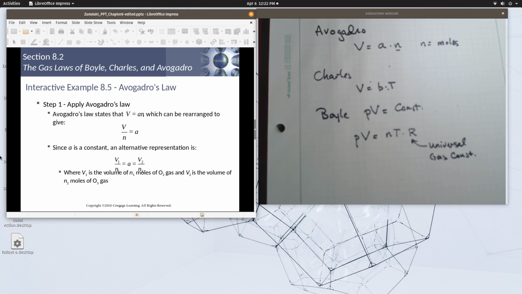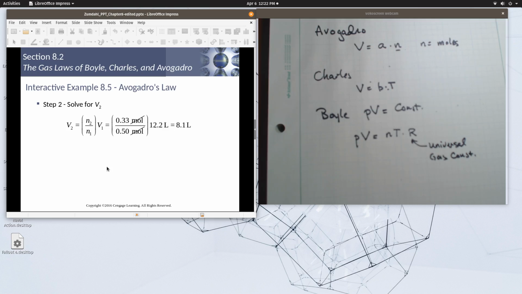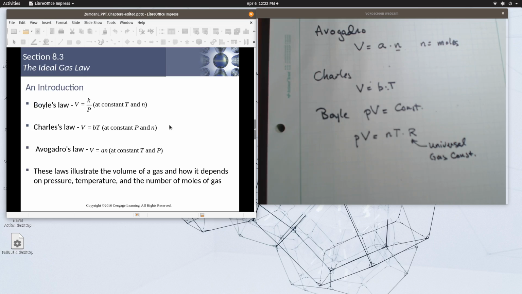I can then use the same logic that we had before, plug numbers in, and I get a smaller volume, just as we heuristically figured out. If I have fewer gas molecules in the system, they must occupy less space, less volume.